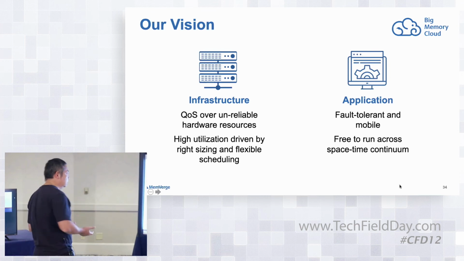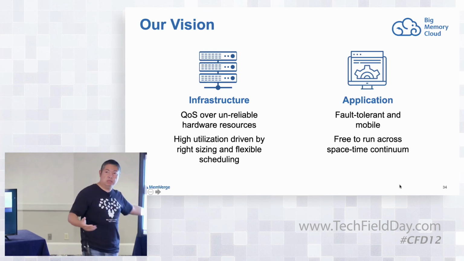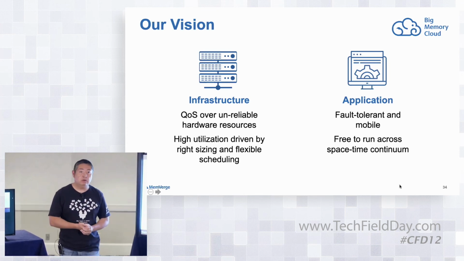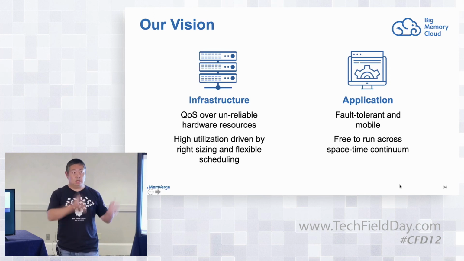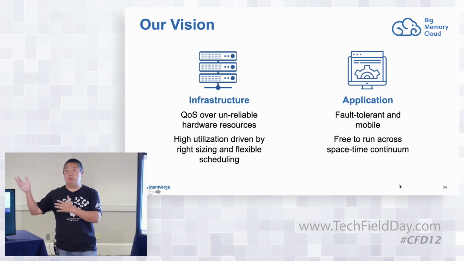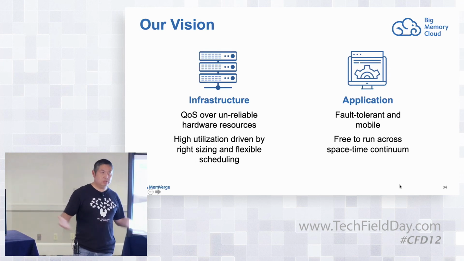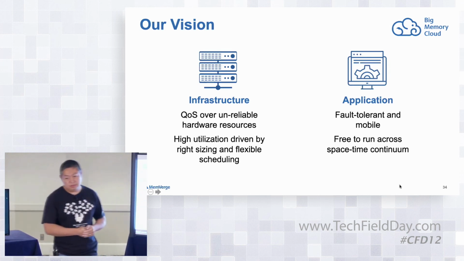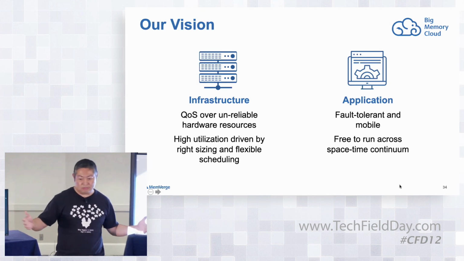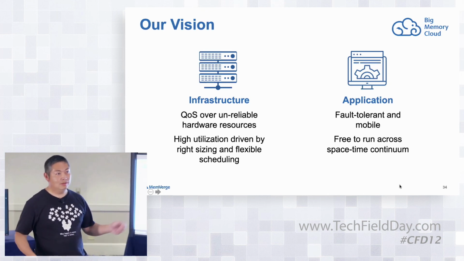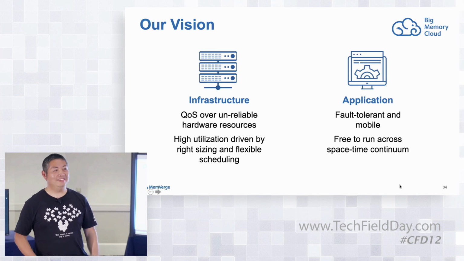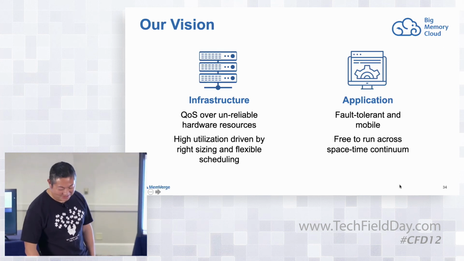From an application standpoint, we can make any application fault tolerant. We can make it mobile, so we can run it from one machine to the next machine or burst to the cloud. Ultimately, we want to free the applications to run across the space-time continuum, better than a time machine in the space component.